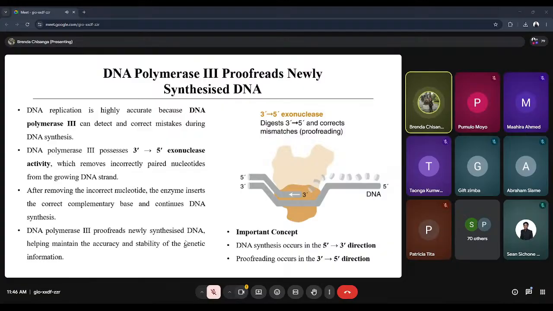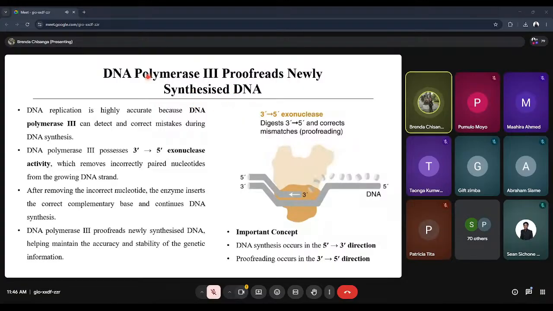And what does it do? It uses the same enzyme. Of course, this time around, I'll talk about the others. It will use the same enzyme that is adding new nucleotides to correct. So in short, I'm trying to say DNA polymerase 3 can proofread the strand that it is synthesizing. DNA polymerase 3 has a proofreading ability to correct its own mistakes.